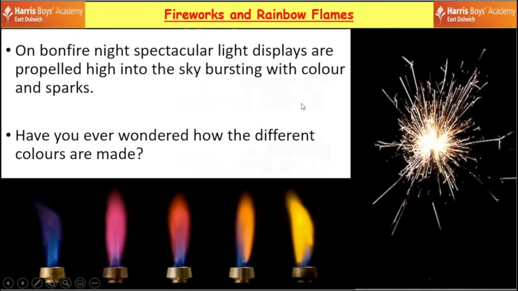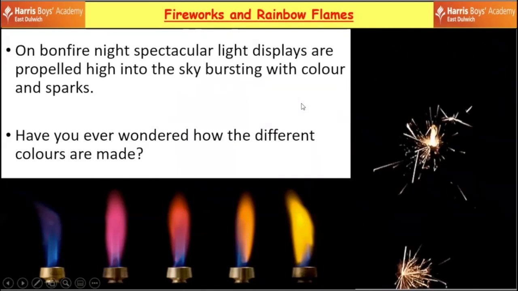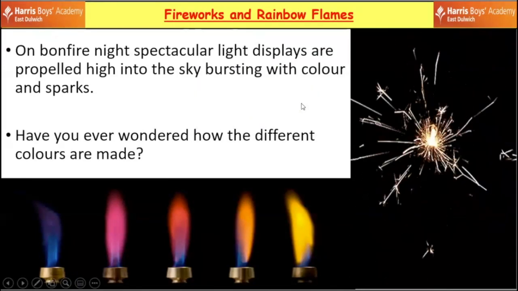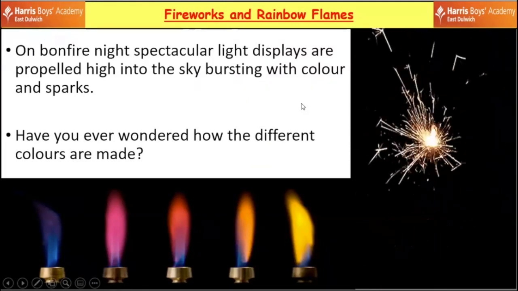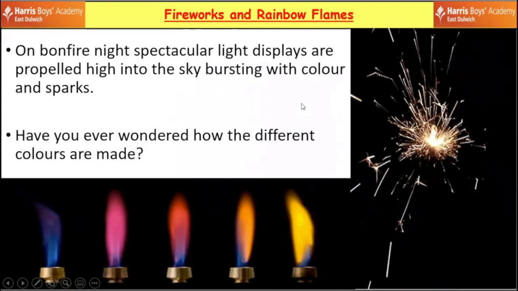Why are they there? How could it be done? So we're going to look at all of that today, gentlemen. And we're also going to look at an amazing experiment that can take the principle that I'm going to explain to you and show you in the real world.